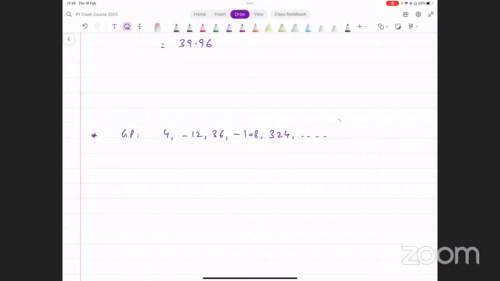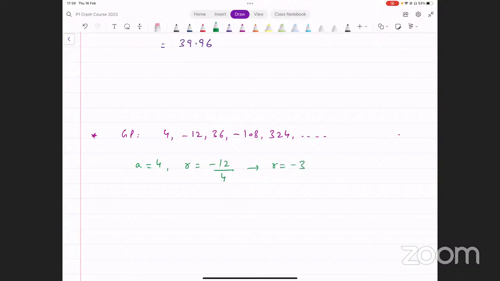This is also a geometric progression. But now, if you were to write down the first term and the ratio, what would they be? A equals 4. What about the ratio? The ratio in this case turns out to be negative. So it would be minus 12 over 4, and that gives you R equal to minus 3. So sometimes you could have a negative ratio as well.